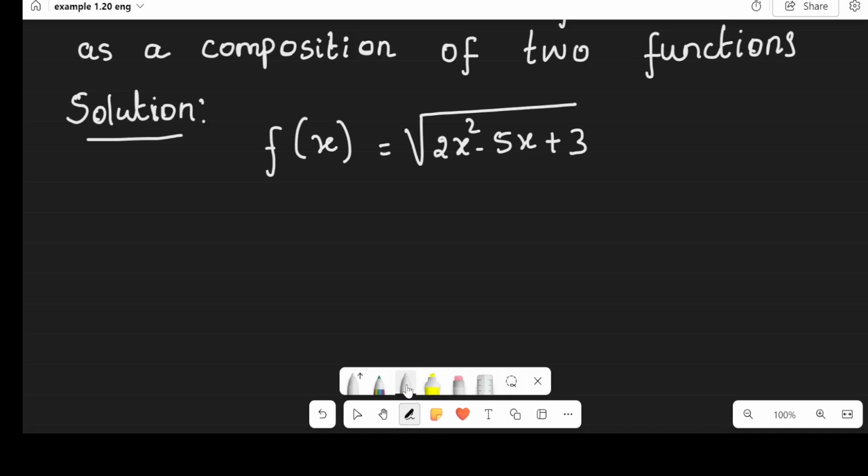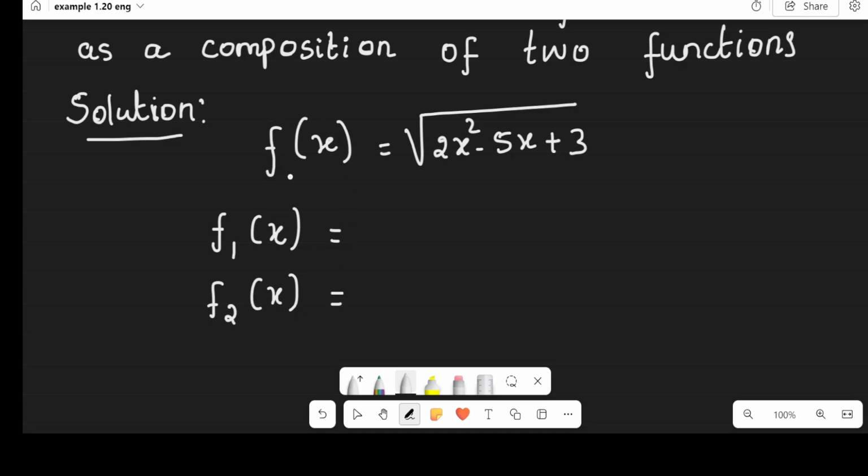Okay, let's consider I'm taking the two functions. f of x is a composition. We need to find out two functions. For that, I'm taking the two functions as one is f1 of x and another one is f2 of x. Why?